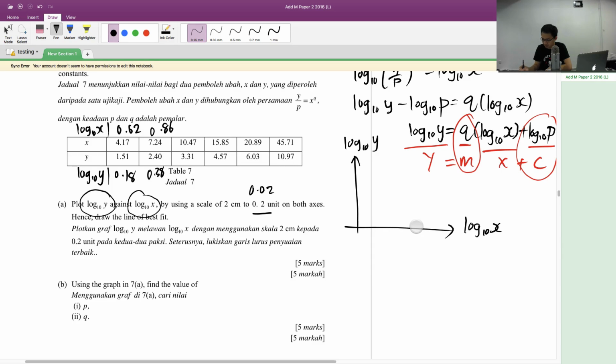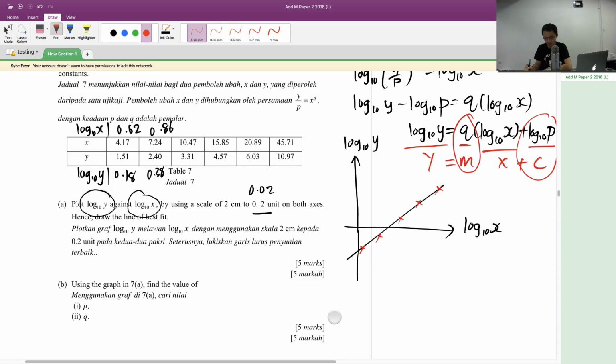Okay, 0.62, 0.86, and so on. 0.38, so I guess your graph will look like this. Alright, this is totally my guessing, but of course in the exam you cannot guess. You have to plot, and you should get all the points on the line.